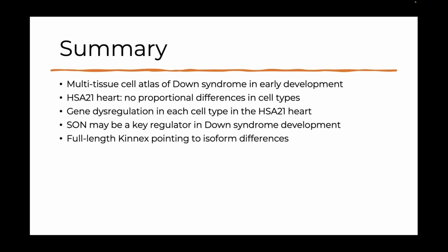We're really excited to pursue SUN further and think that it might be a key regulator in Down syndrome development, not only within the context of the developing heart, but within many of the organ systems that are affected in this condition. And we're very excited to delve further into the Kinnex results in order to be able to link the differences we see in SUN to the isoform differences that we are potentially identifying in our preliminary data.